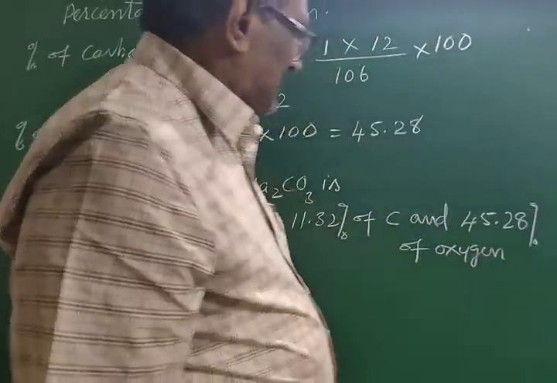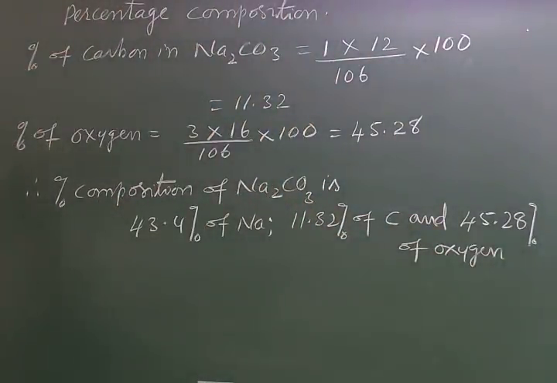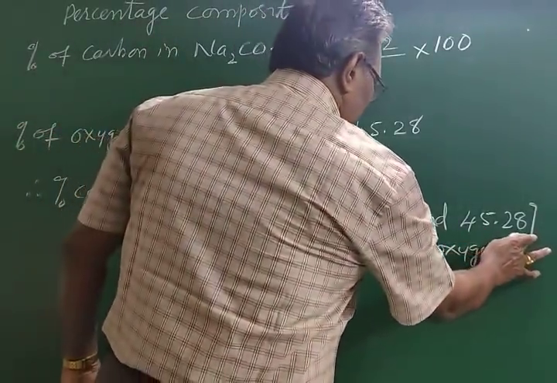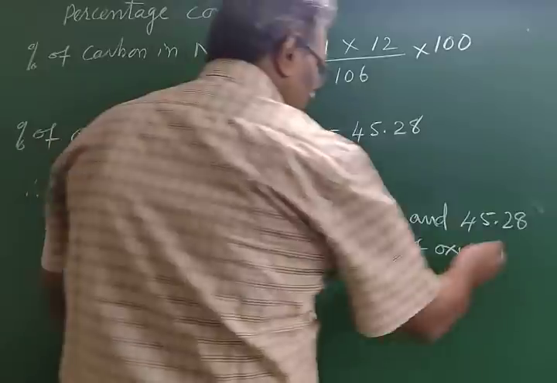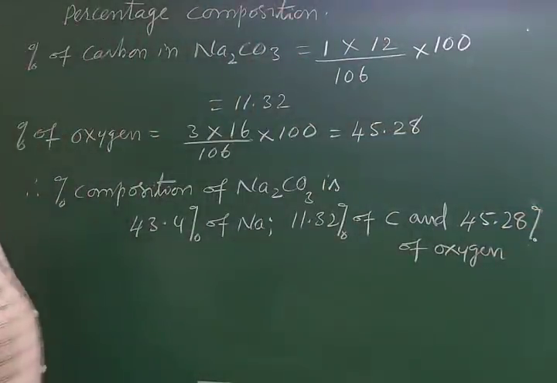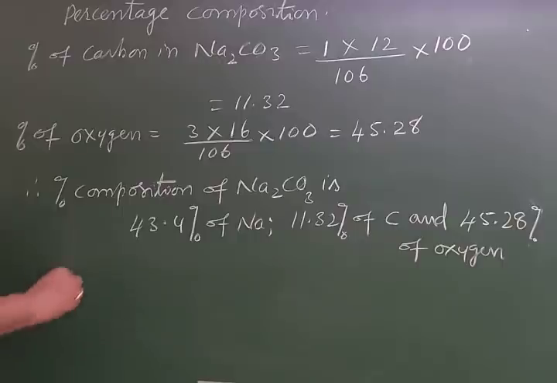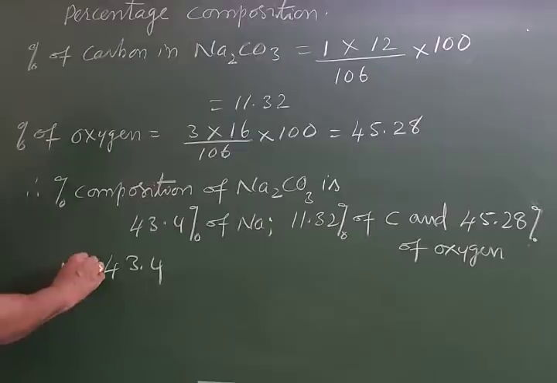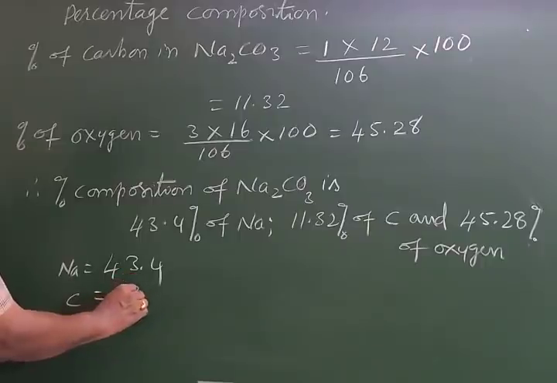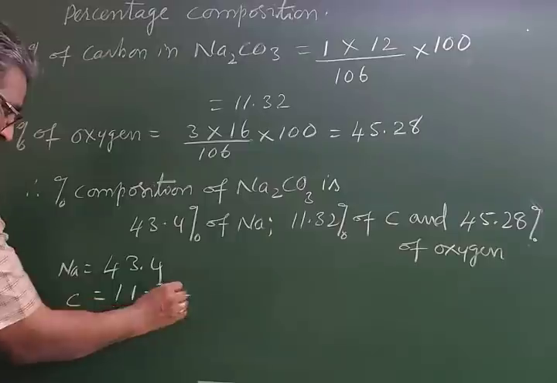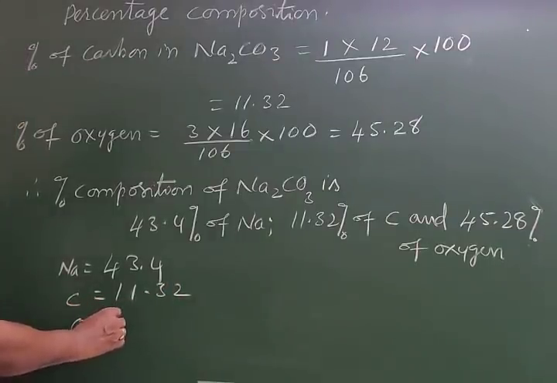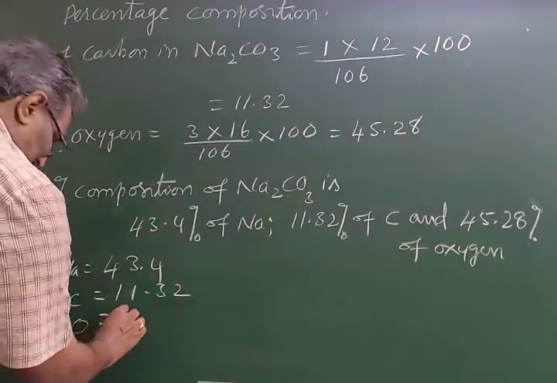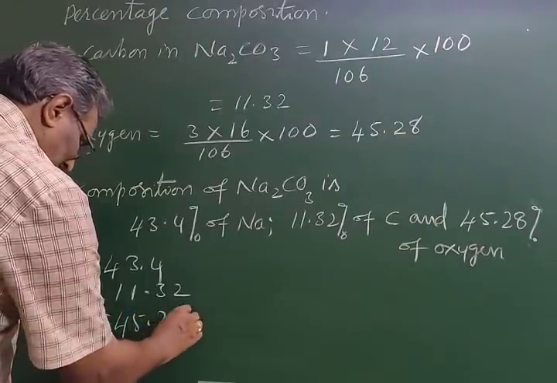If you add these three percentages, you have to get 100. What is the total? Sodium is equal to 43.4%, carbon is equal to 11.32%, and oxygen is equal to 45.28%.